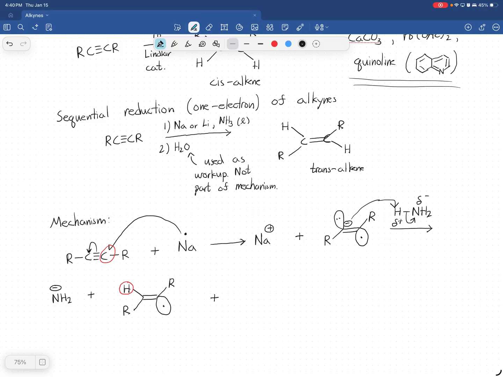Yeah, just another transfer of an electron from sodium. So how this works is you put sodium metal in ammonia, and that helps form the reduction process. Ammonia is a solvent, it can go back and forth. And what happens here now is that sodium, in the presence of an alkyne, will donate its electron more readily to the alkyne than ammonia.